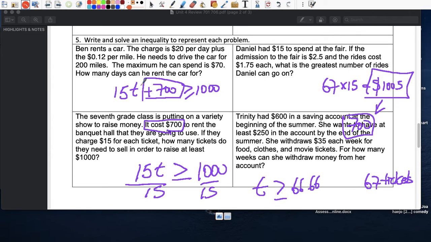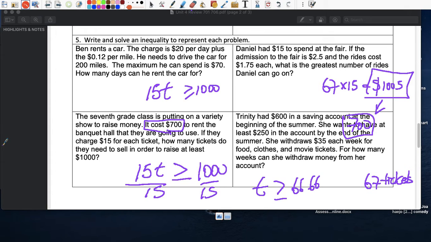It's not something for them. It's not whatever tickets I sold plus $700 that I made. No, this 700 is something that you have to pay at the end of the night. It's just, I don't know, there I guess to trick you. Okay, so your inequality here should be just this.